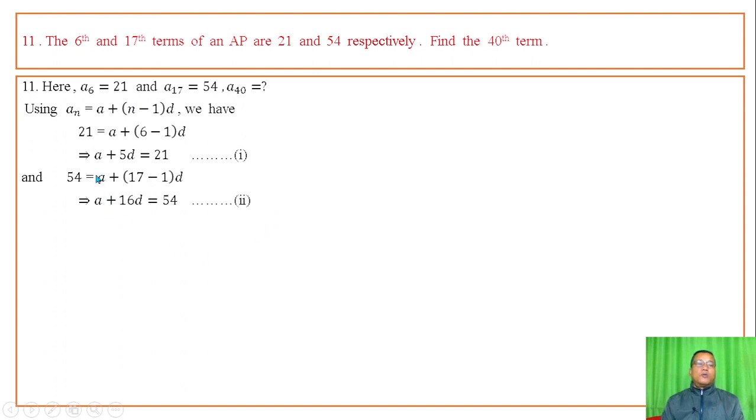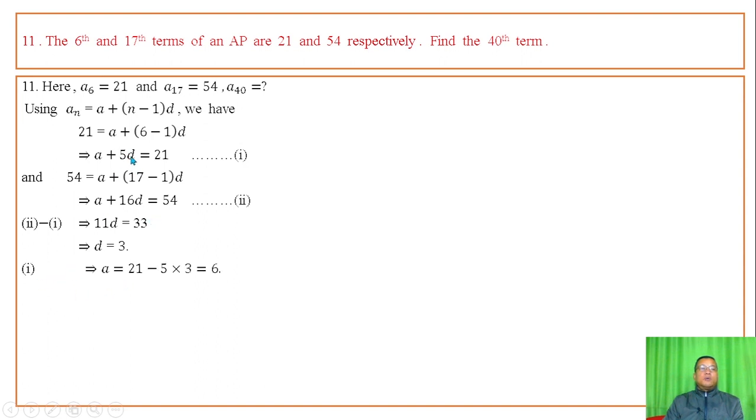The coefficient of a is the same, so the elimination method is most appropriate. Subtracting, 16d minus 5d gives 11d, and 54 minus 21 gives 33, so the value of d is 3. The common difference is 3. Substituting d into equation 1, we get a.